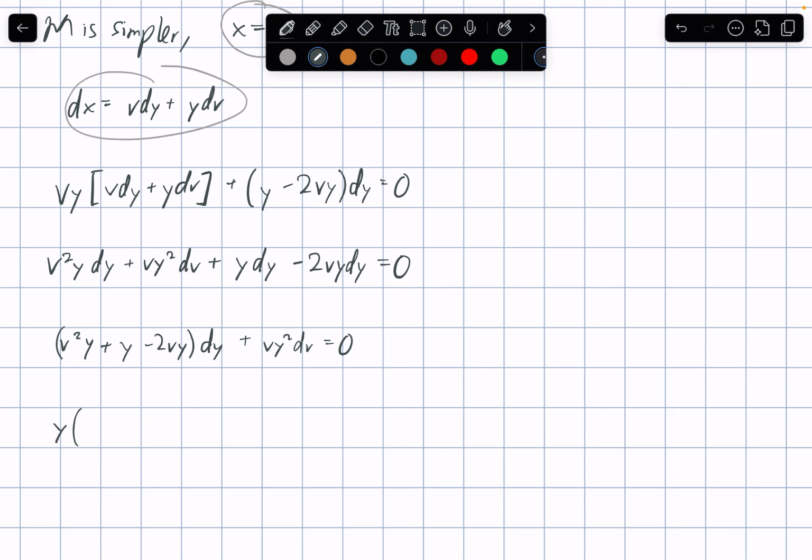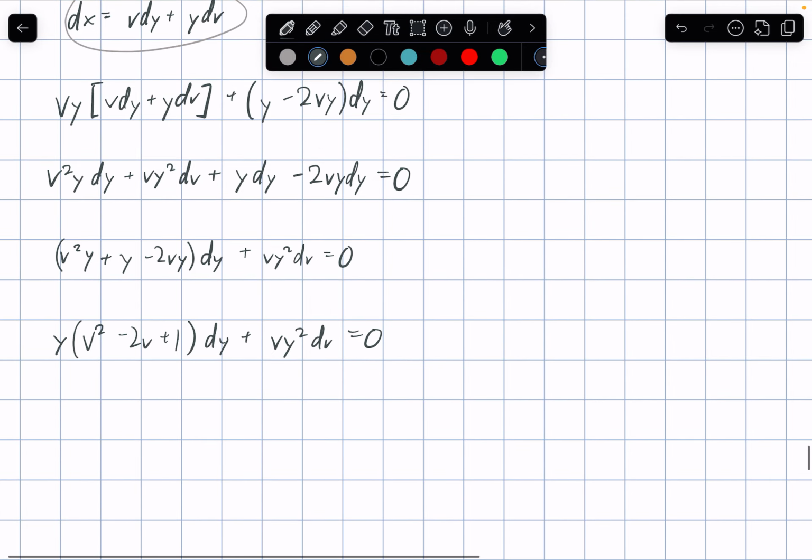Let's try to factor y here. So v squared plus 1 minus 2v. Now we're getting somewhere. Minus 2v plus 1. Let's arrange it that way. And then vy squared dv equal to 0.